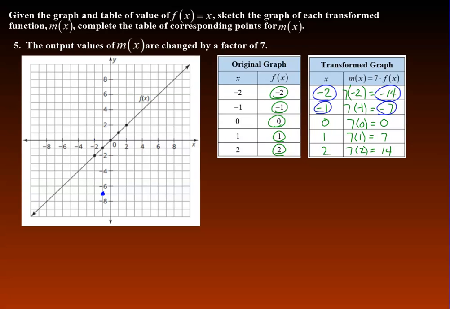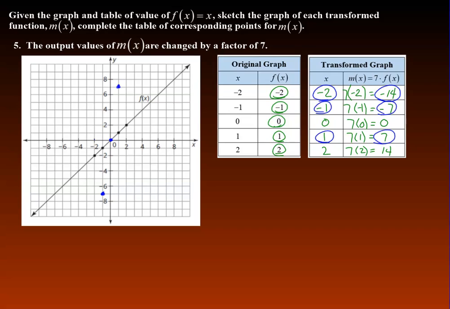And then we have 0, 0, that didn't change. And our last one is at 2, and nope, I lied. Got ahead of myself. So our next one is at 1 and 7. So 1 and go up 7. And the last one is at 2, 14, which is also not on the graph.